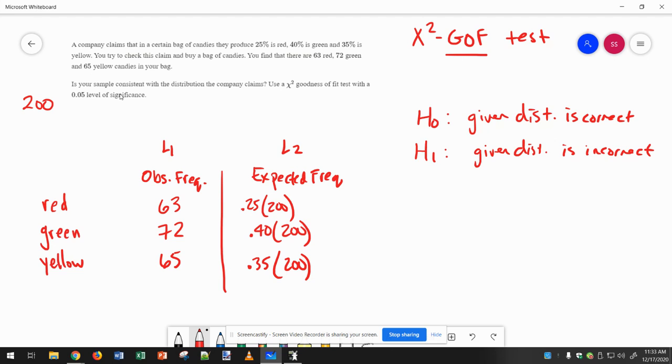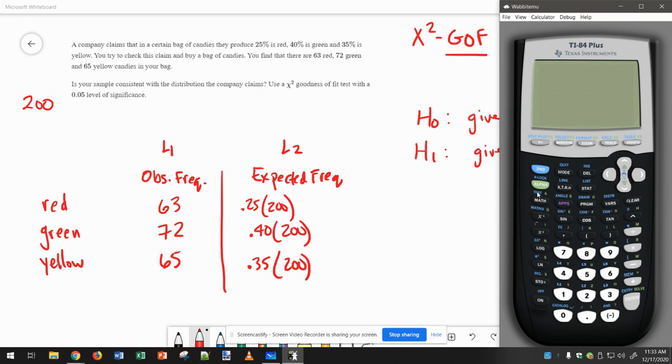So now I can pull up a calculator and just go to stat, edit, put in the observed frequencies for L1, and then for L2, I can calculate these right on the list. So 0.25 times 200 is 50, and 0.4 times 200 is 80, and 0.35 times 200 is 70.